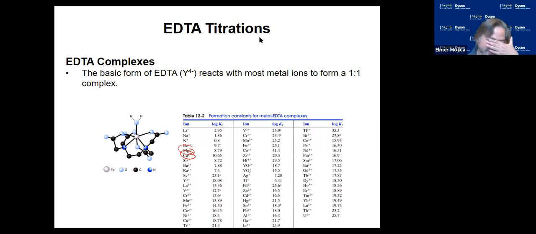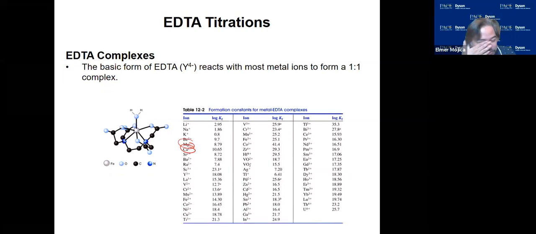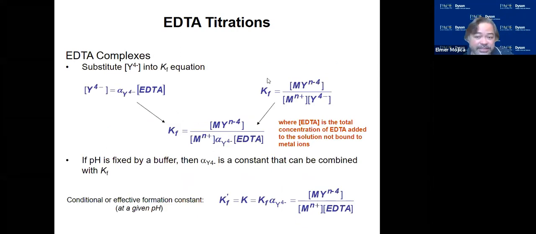How do we interpret the information that we have here? One is 8.79 and the other one is 10.65. Which one has a higher value? So between the two, calcium is preferably bound to EDTA compared to magnesium. Okay.